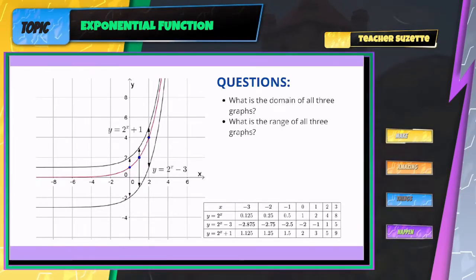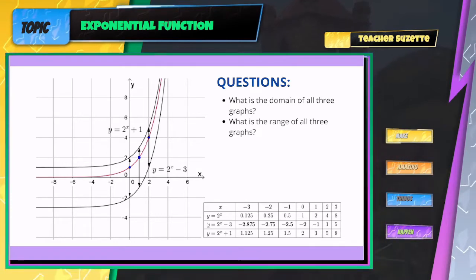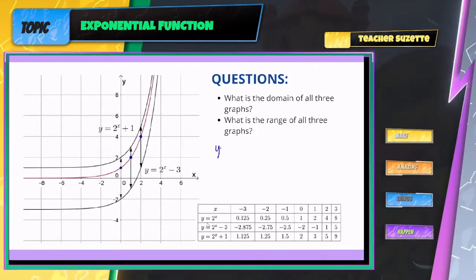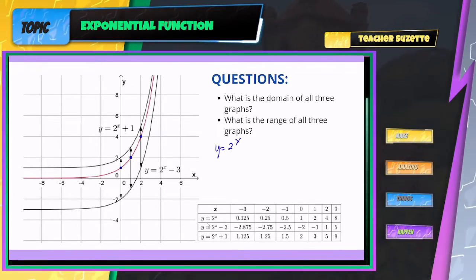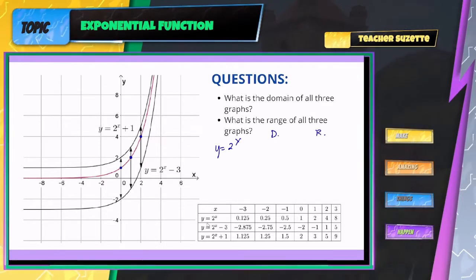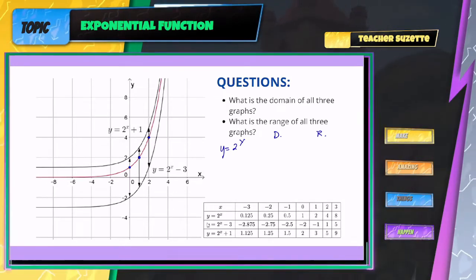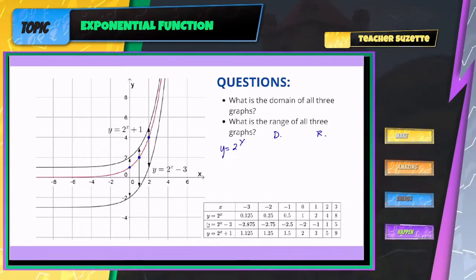Next, let's continue. Let's identify the domain and range of each graph. So for y is equal to 2 raised to x, what is the domain and the range of our graph? For the domain, last time we identified that we don't have a vertical asymptote.